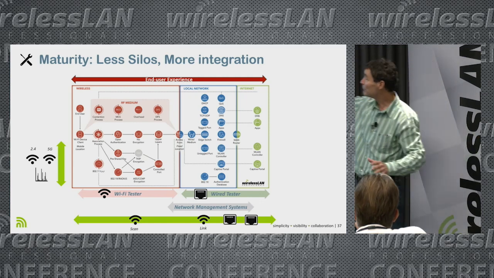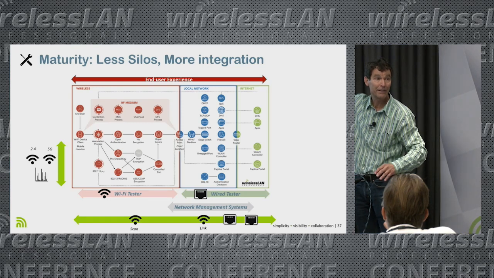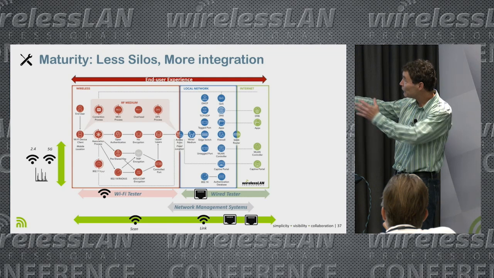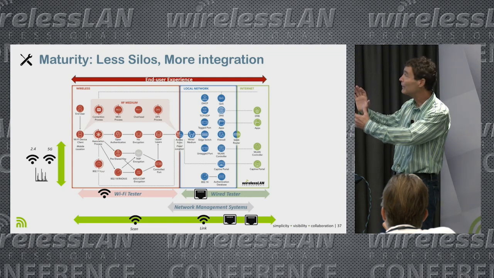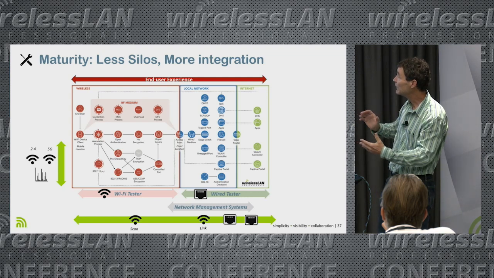I'll guess that in previous sessions it's largely been about the red box, the Wi-Fi side, and so here we're moving a little bit more into the blue. It's been mapped and charted here, and we'll continue to explore in that space.